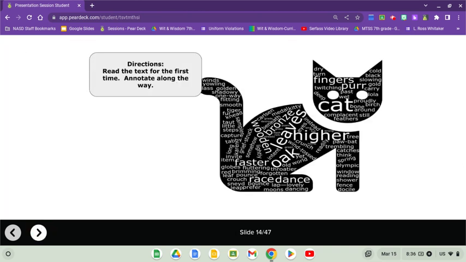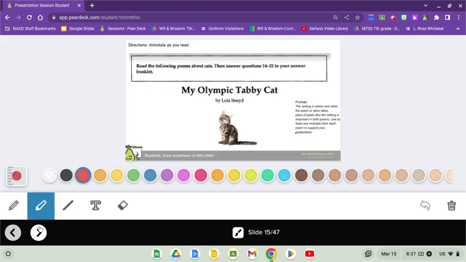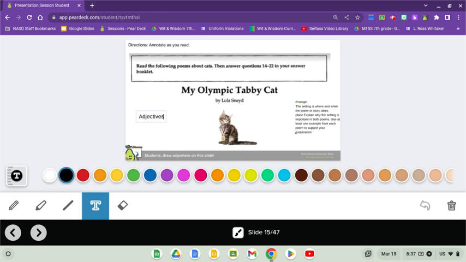So let's get into it. Slide 14, we get a second look at the word cloud, and boom, here we are on 15. What we're going to do as we go along is keep track of something called, if you could switch over to text, adjectives. Adjectives describe nouns.